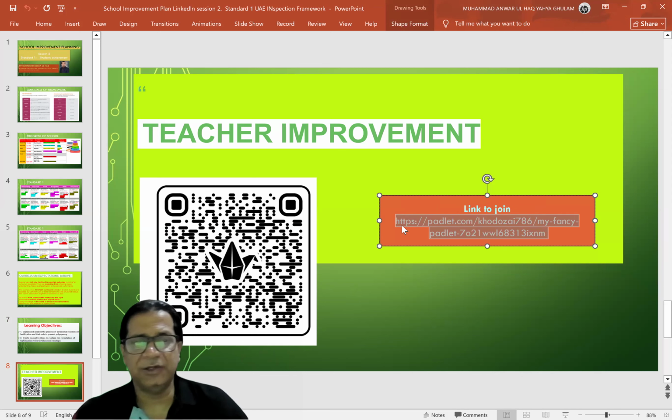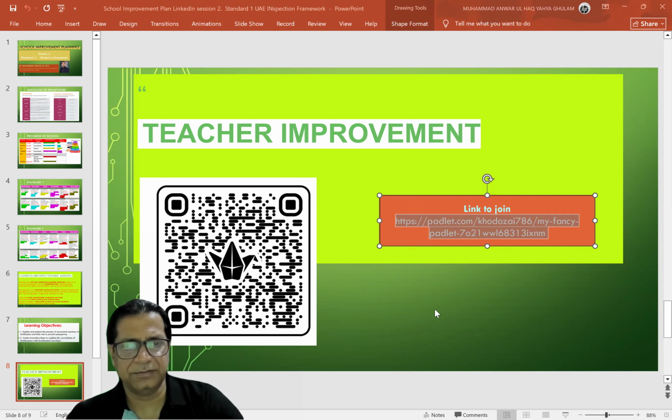Either you can use this QR code and join directly, or you can use this link and join this activity. This is the link for the Padlet, and a short activity we can create. The link is shared, so you can use it.